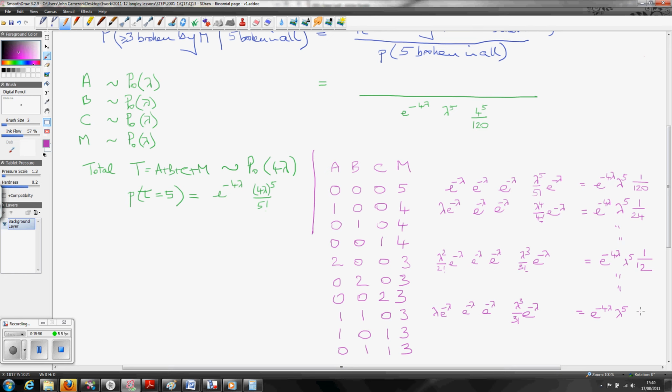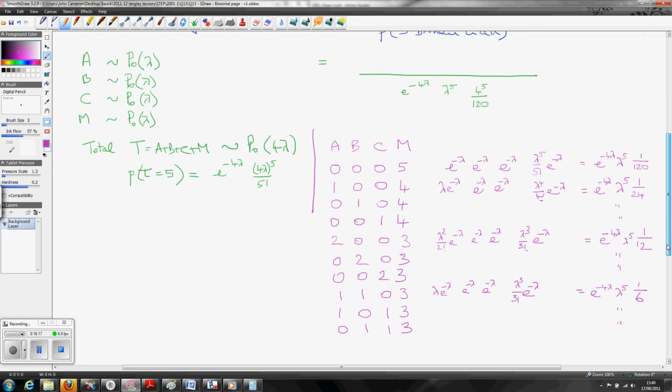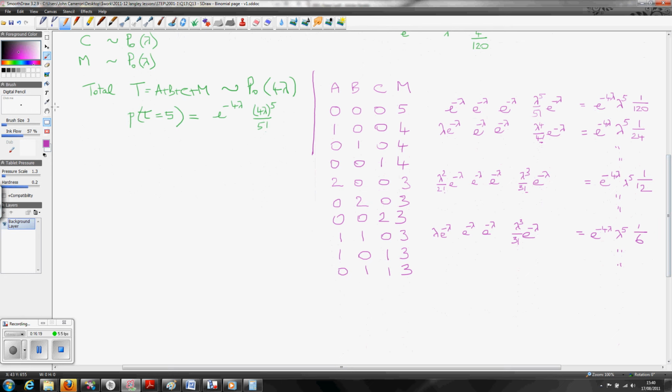And what's the fraction here? It's 1 over 3 factorial, which is 1 over 6. And these two combinations are the same. And these are all mutually exclusive, so I need to add them up. And so this in the end turns out into a little bit of addition of fractions. So let me just go down here.